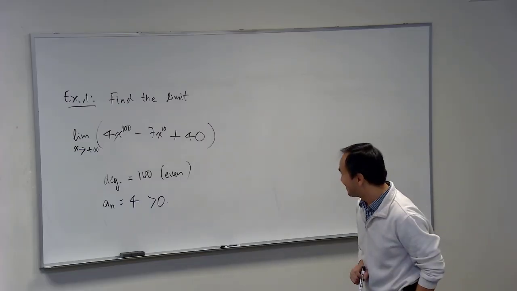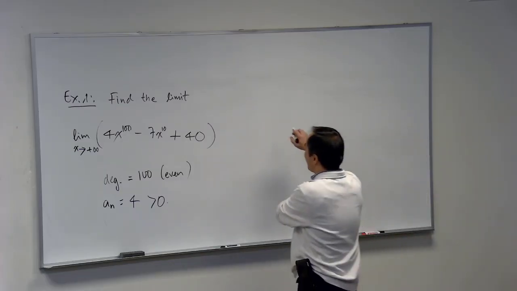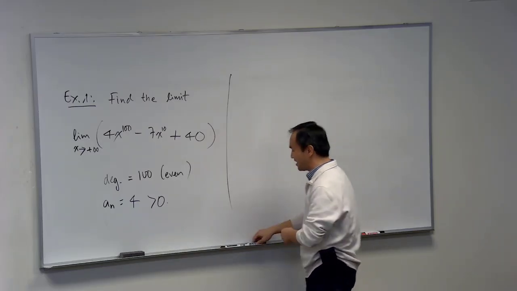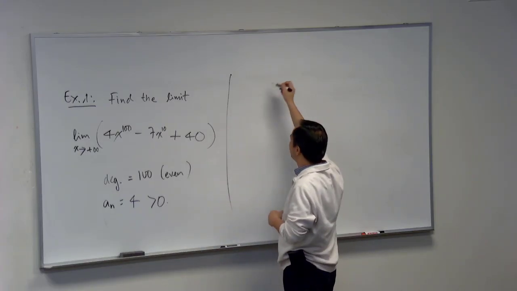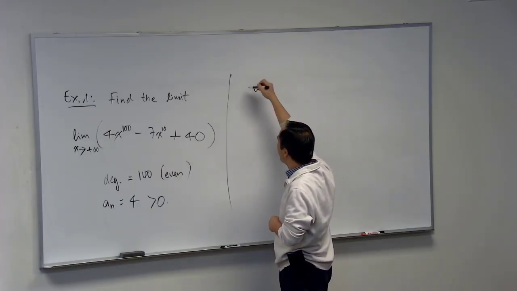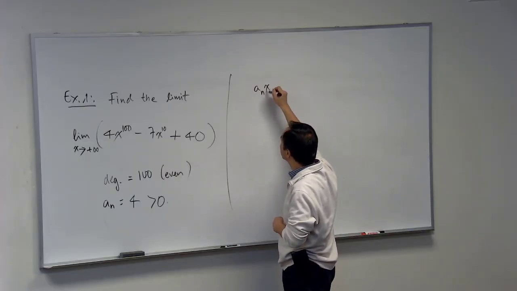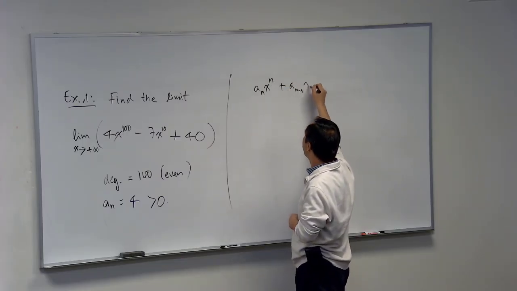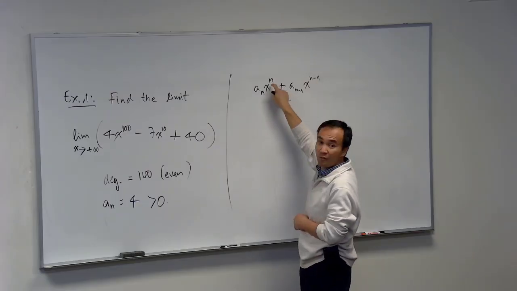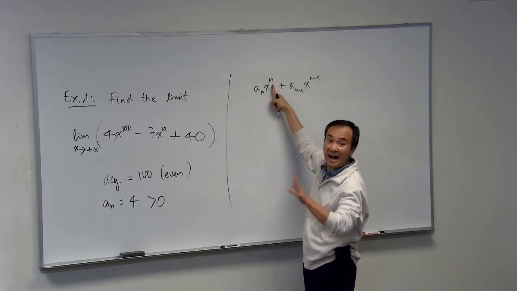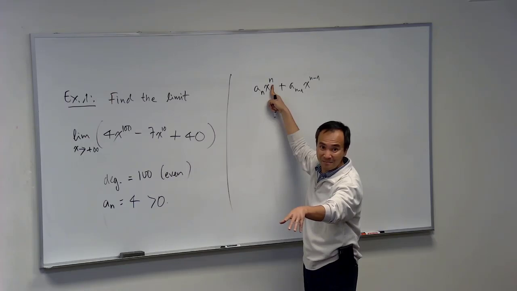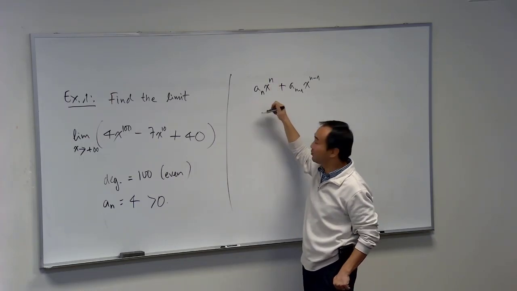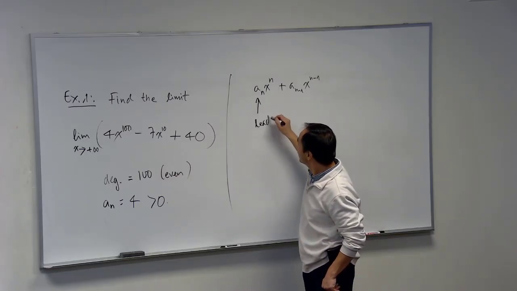Because these days when anyone is teaching, it's rushing, so we tend to skip symbols, but a polynomial is defined as a sub n times x to the power n, plus a sub n minus 1 times x to the n minus 1. We arrange that in powers, whatever n is the highest power, and the coefficient that goes with that is the a sub n coefficient, which we call the leading coefficient.